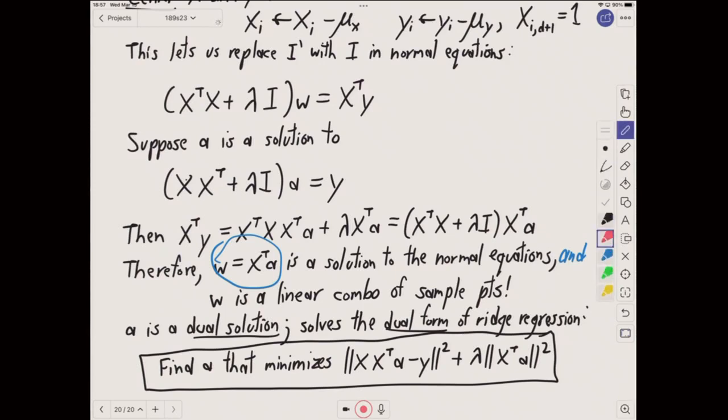The value of a that is the solution to this linear system is also a value of a that minimizes this objective function.